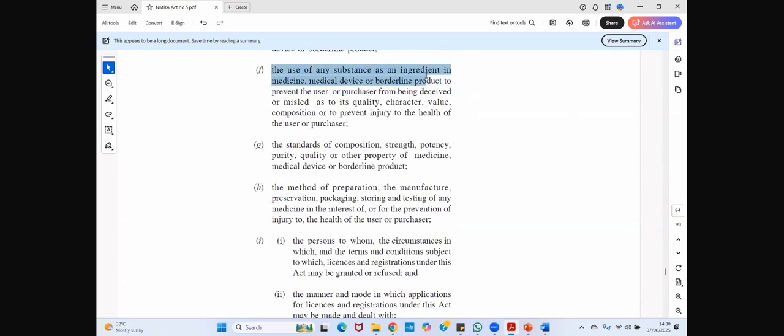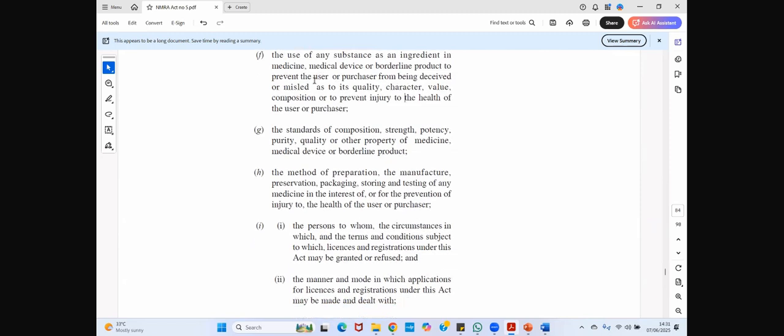Or the use of any substance as an ingredient in medicine, medical device, or borderline product to prevent the user or purchaser from being deceived or misled as to its quality, character, value, composition, or to prevent injury to the health of the user or purchaser.